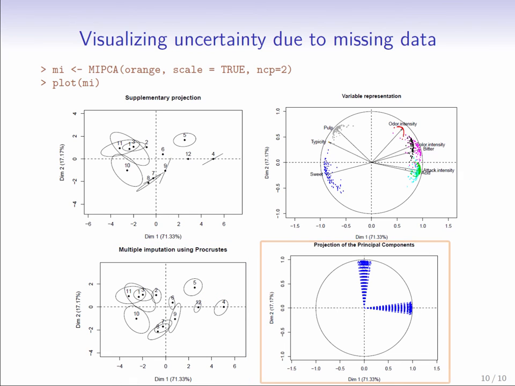The plot on the right shows the projections of the PCA dimensions of each imputed table on the PCA plane, obtained using the original imputed data table. As all of the rows are close to either the first or second axis, this means that the axes are stable with respect to the set of imputed tables.